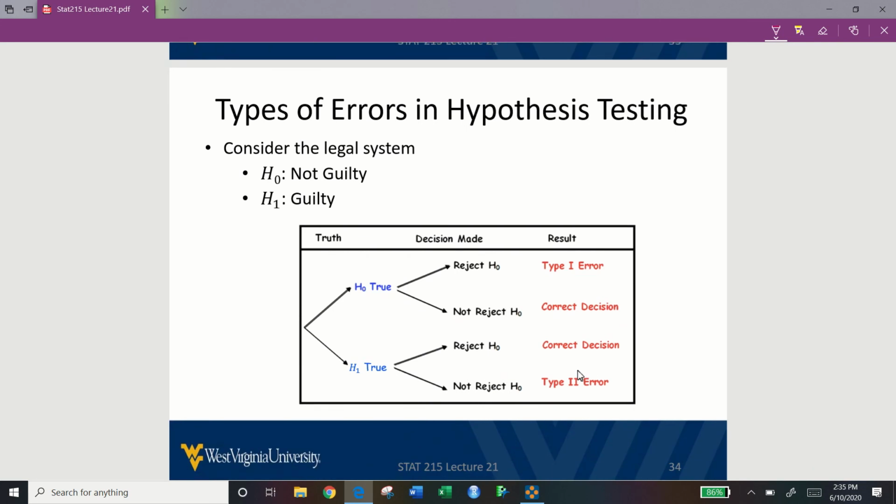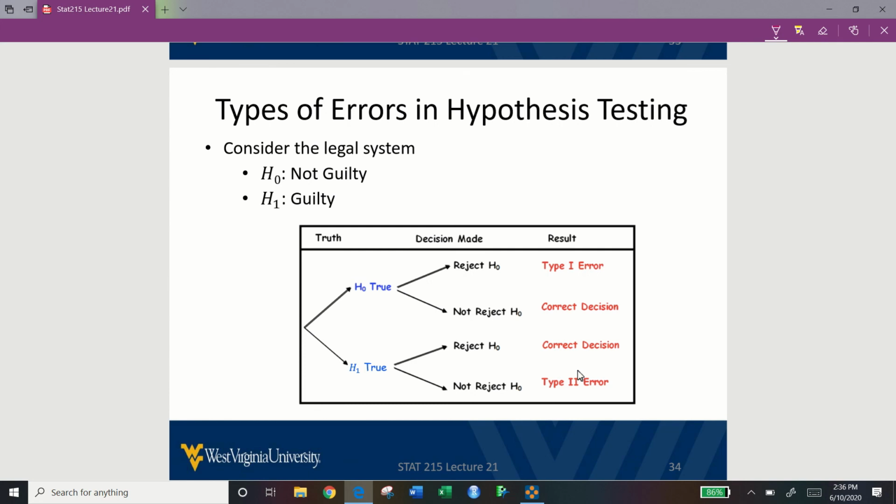To help put this in an example of the legal system, we can say that our null hypothesis is not guilty and our alternative hypothesis is guilty. Meaning that in the type 1 error case, the person is not guilty, but we send them to jail.